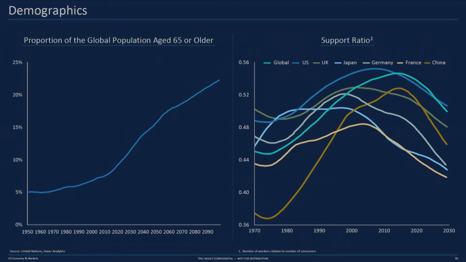And unfortunately, that means fewer workers are supporting more dependents. And that means we need to probably rethink the state of taxes, entitlements, and perhaps ultimately much lower sustainable growth. Again, growth fundamentally is the sum of population growth and productivity growth. And population growth is coming down.